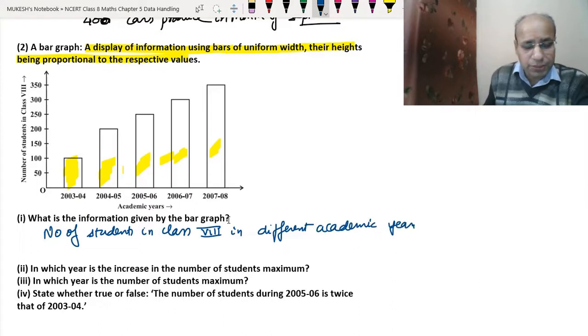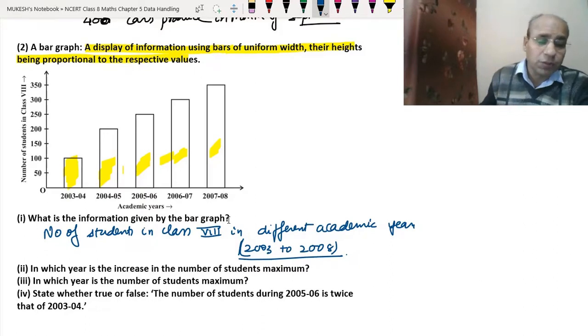What are these academic years? From 2003 to 2008. These are the different academic years coming in this period. So this is the information given by this bar graph.